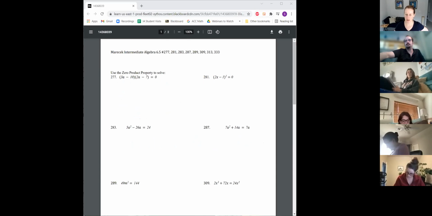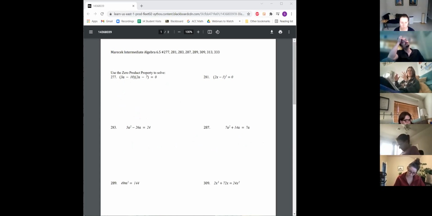Carson and Diana, could one of you help me with the second one? So basically with that one, the squared just means that the equation inside the parentheses is going to be repeated twice. So I just set 2x minus 1 to 0 and added the 1 to the other side and divided it by 2.